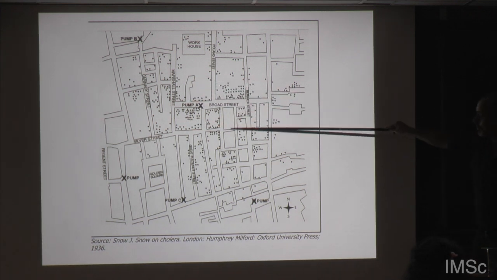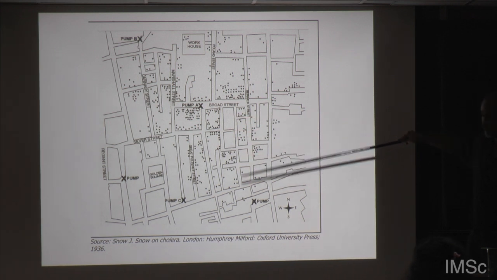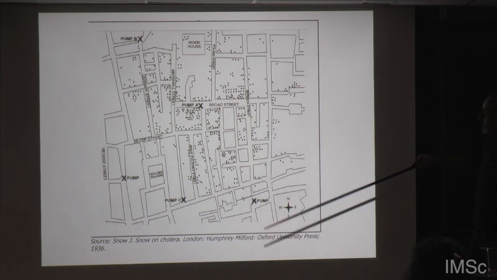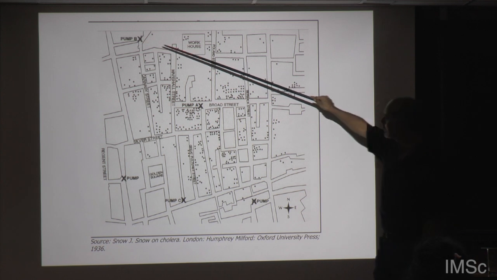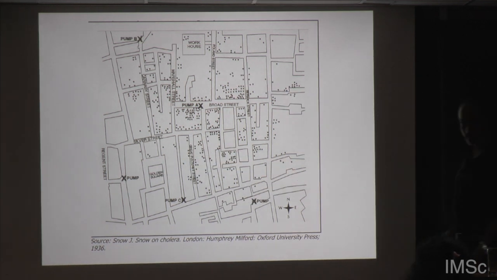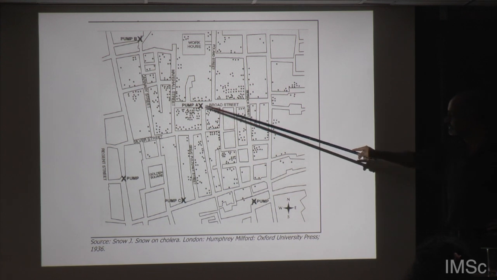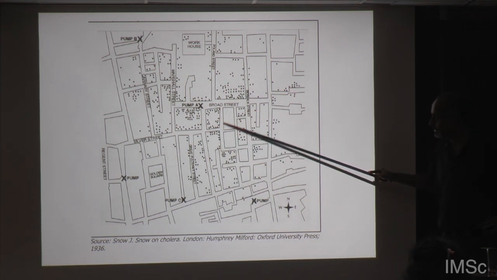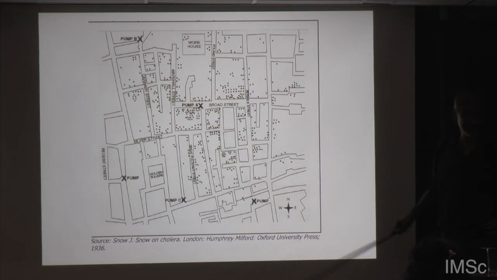There's a place with no dots at all, which is here and maybe a little bit here. And the things that are marked here are a pump, a pump, a pump, a pump, and so on. So he looked at this and he said that, look, maybe the fact that these dots seem to cluster around this particular pump A on Broad Street suggests that this pump may be the source of cholera.